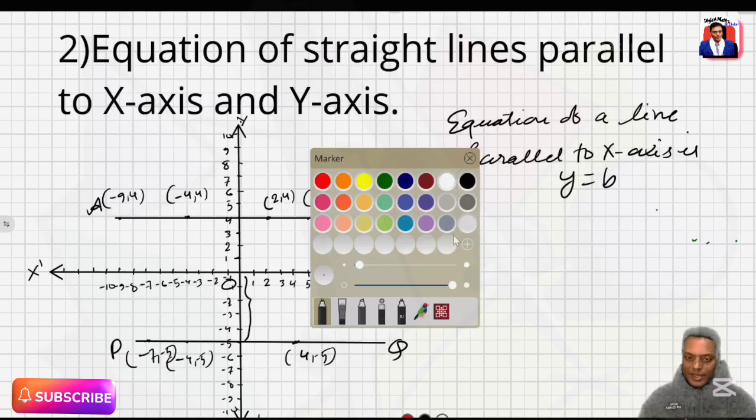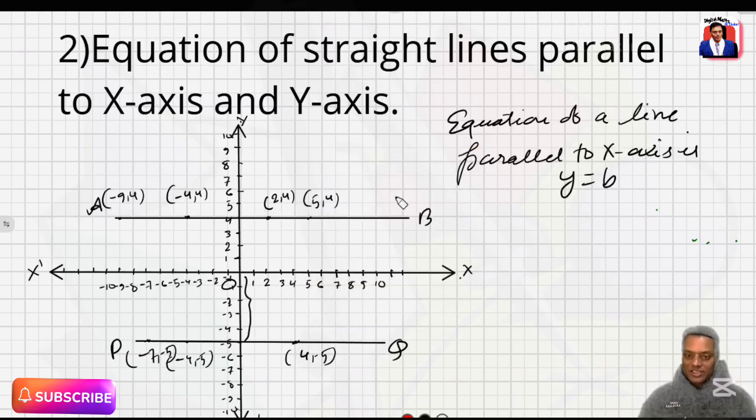Now if a line is parallel to the y-axis, let the line be MN, and here the x-intercept is 8. When a line is parallel to the y-axis, there will be an x-intercept, right?